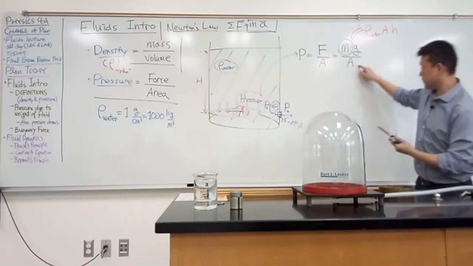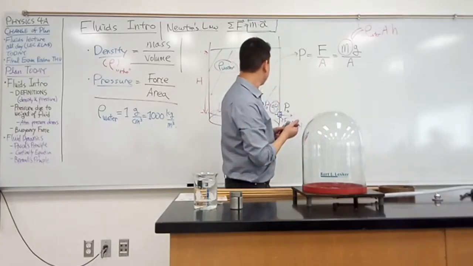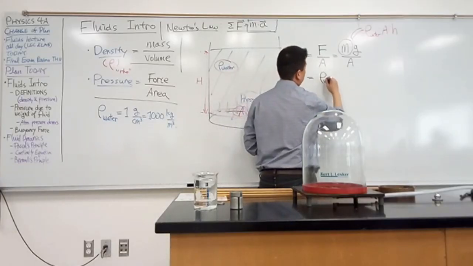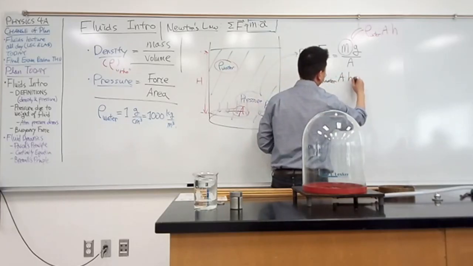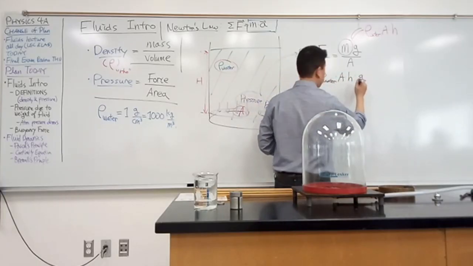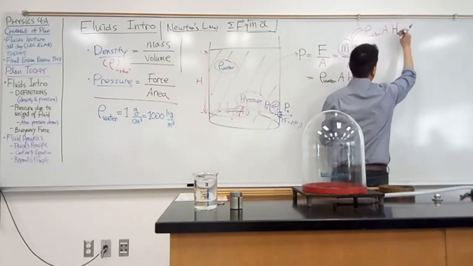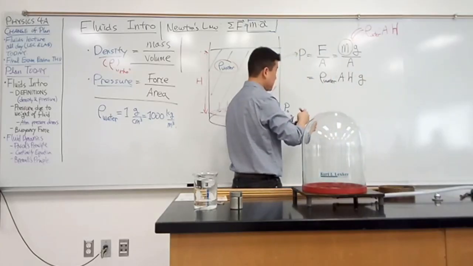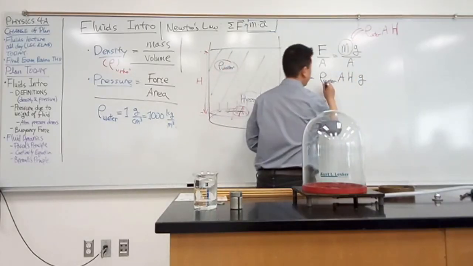Now, when you plug it in, you see a nice cancellation. So the pressure along this surface is equal to density of water times area times height, oops, I meant to use capital H, times g, divided by area from the definition of pressure.